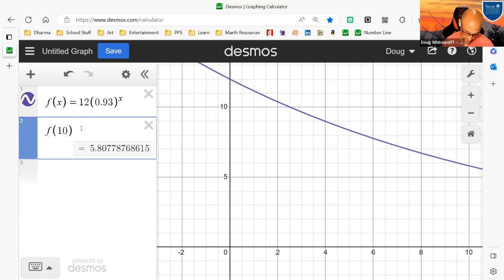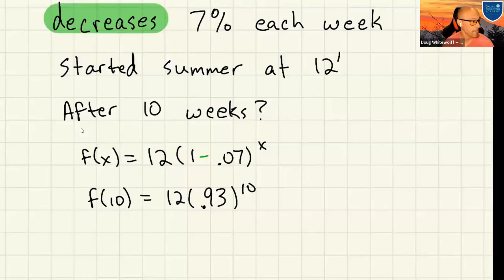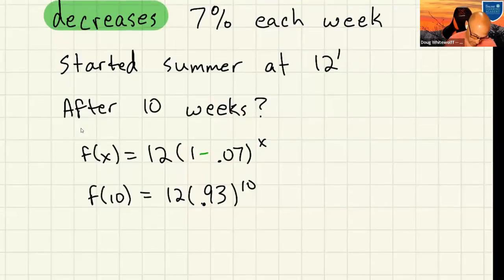So this is then equal to 5.808 feet. So if the pond started out at 12 feet and it loses 7% per week, that's a lot. Then after 10 weeks, it'll be 5.808 feet.